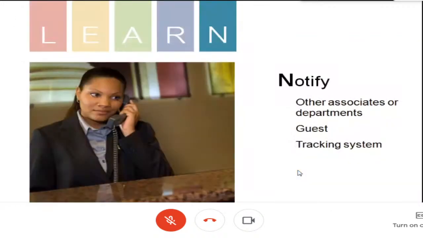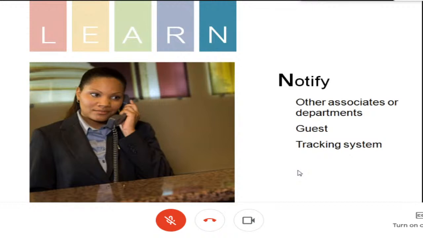Then notify is the main thing when you have to fix the problem. Notify other associates or departments, the guest tracking system, so once things are fixed or supposed to be fixed, you need to notify the particular department.